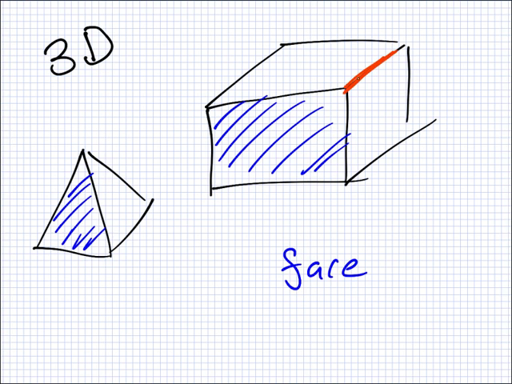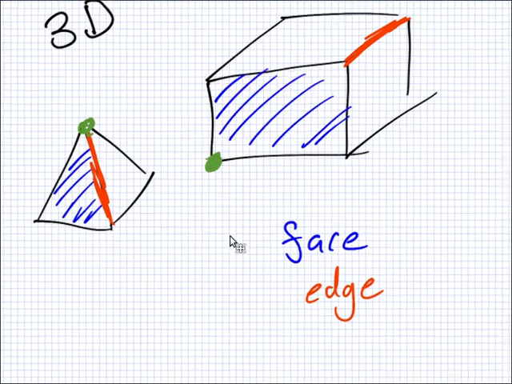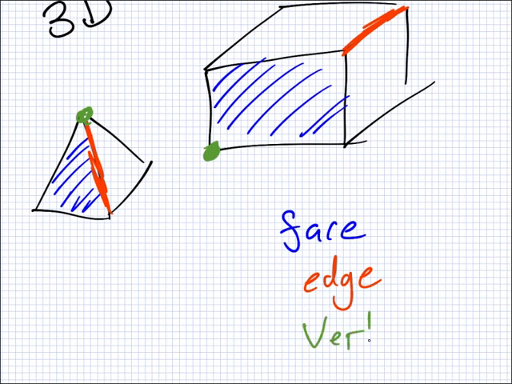This part here, or this part here, that's called an edge. And this part here, or maybe this part here, that one is a vertex.